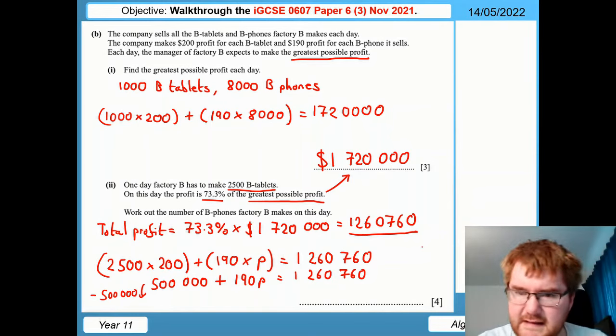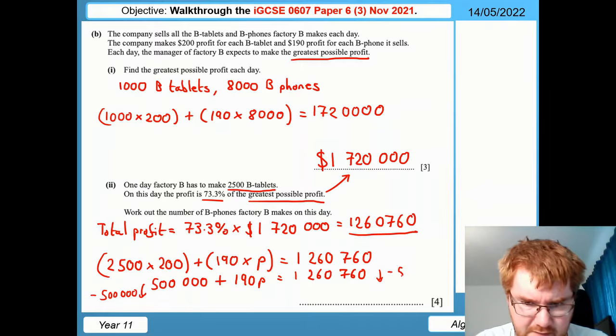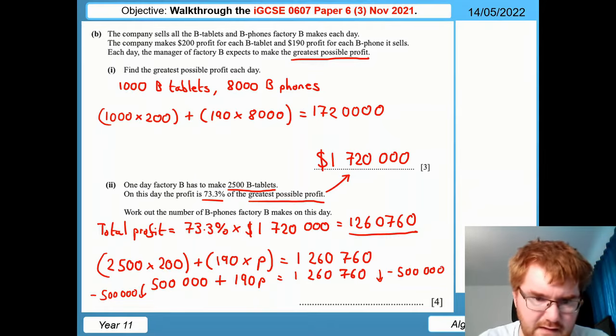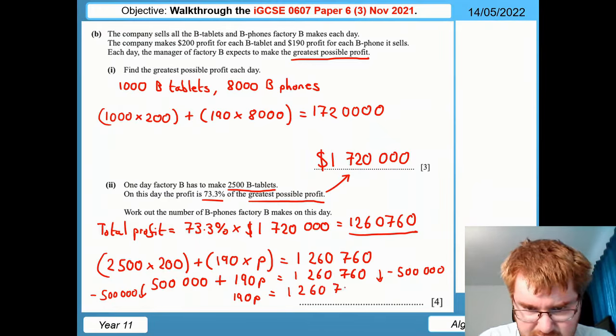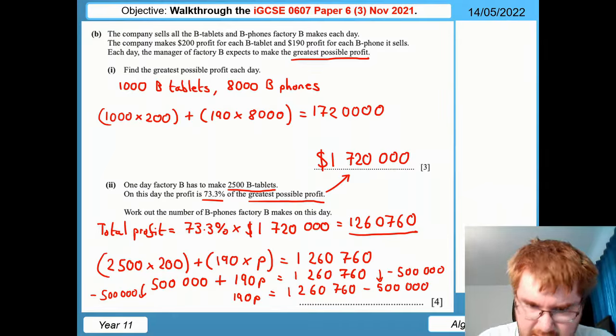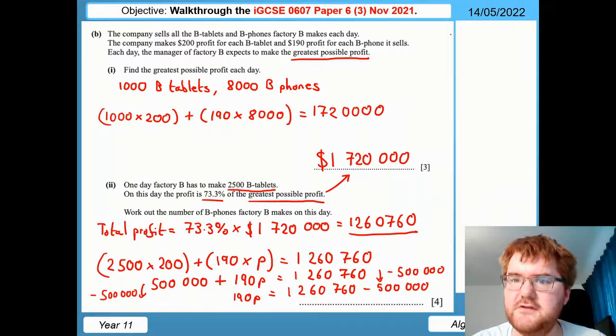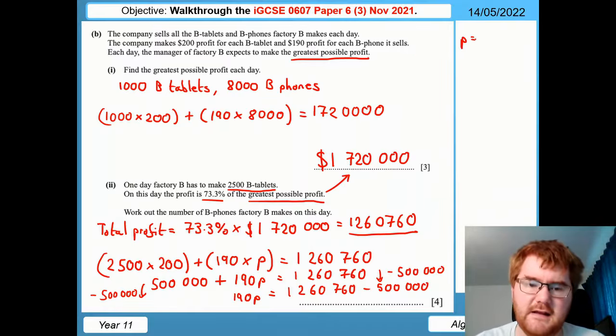Notice I'm not going to rush to my calculator until the very end here. So we get 190p equals 1,260,760 minus 500,000. And then to get the p on its own, let me just write this up here nice and clearly, we need to divide by 190 on both sides.